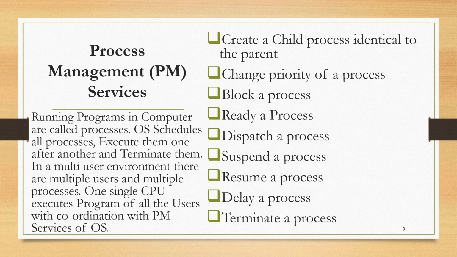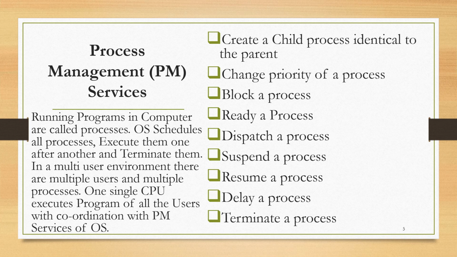So OS schedules all processes. Suppose multiple programs are running. OS schedules all processes, executes them one after another, and terminates them. When a job is over, it terminates the job. That is also done by the PM services of OS.